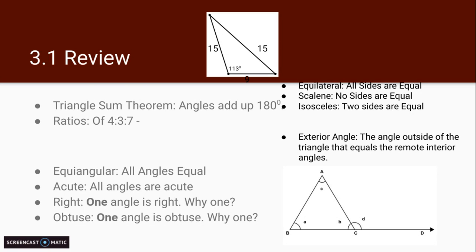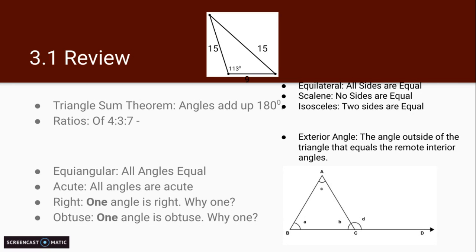Why can it only be one? Well, like I've said in the other video, if you had two 90-degree angles, that would just be pretty much a square. That would not work. That would not be a triangle. Obtuse, same reason of why there can only be one, and only one is obtuse. That makes it an obtuse triangle. And remember, if you don't know what acute and obtuse are, look at Unit 2.